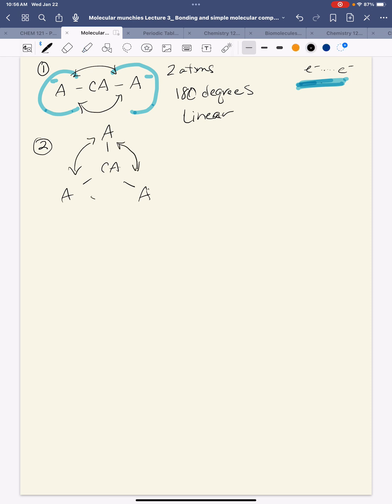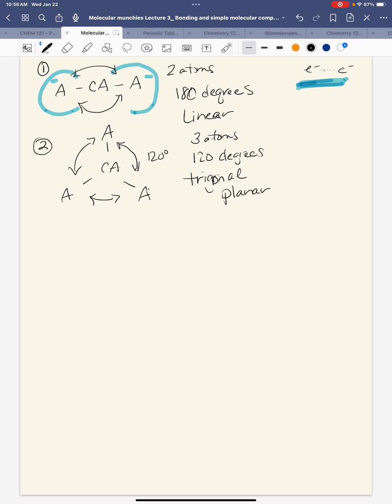It's all in one plane, and the angle measure between them is 120 degrees. So we have three atoms attached to the central atom, and the angle between them is 120 degrees. The name of this shape is trigonal, for three, trigonal. And it's planar because this is flat in the plane.